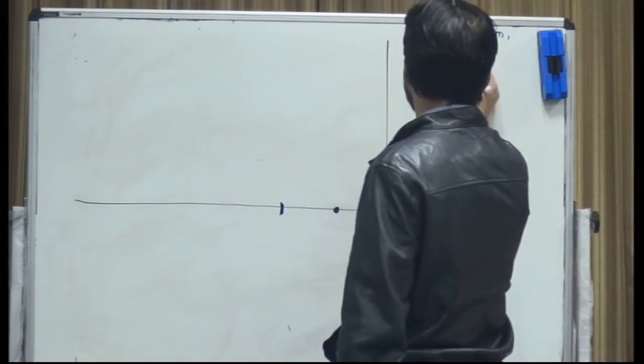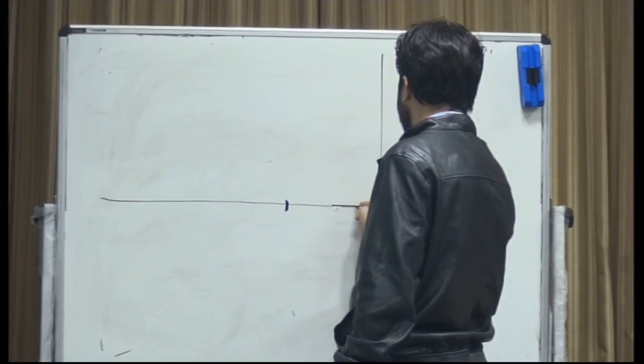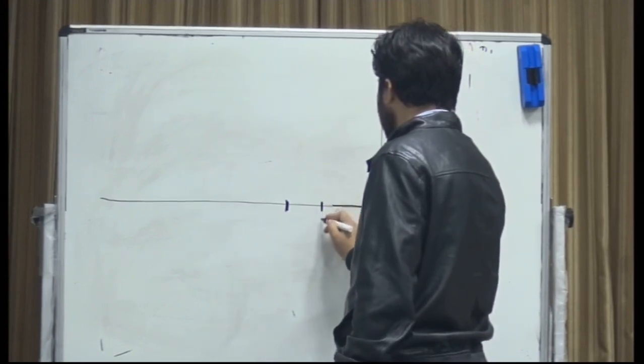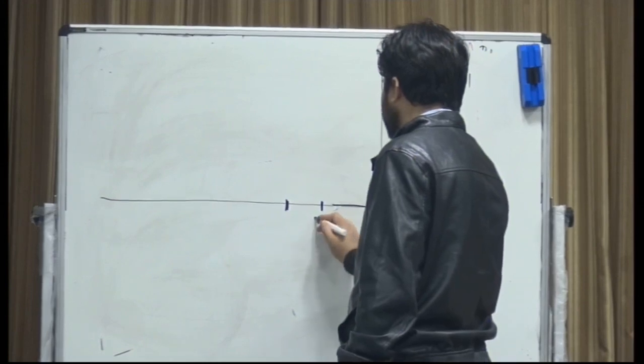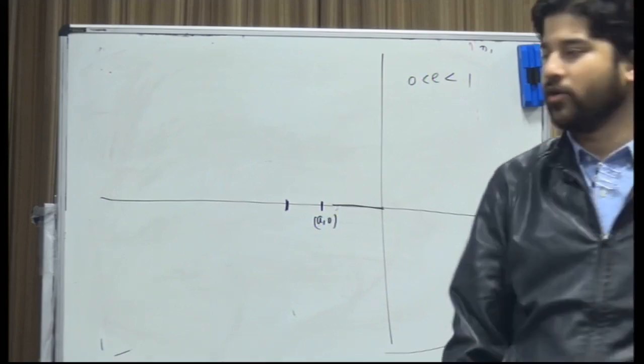Definitely e is less than 1, right? So I'm going to call this point a comma 0, one of the points, the vertex, as a comma 0.